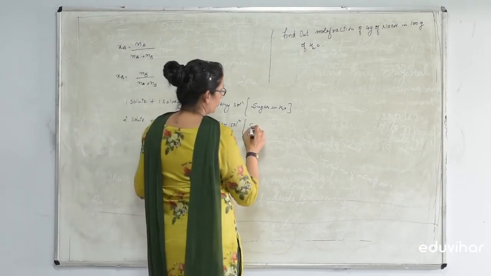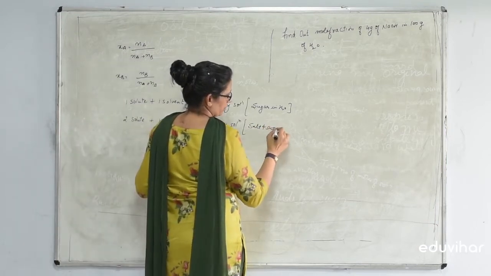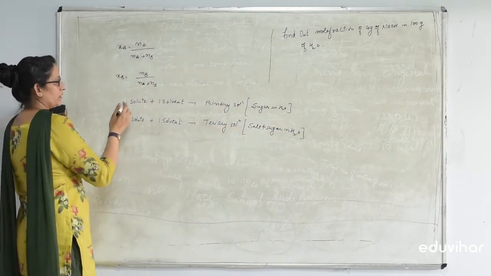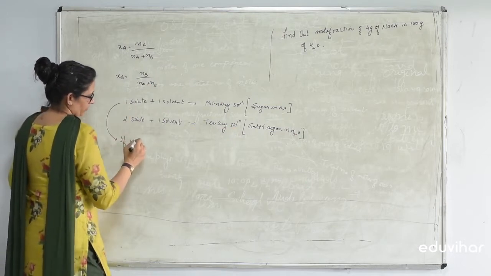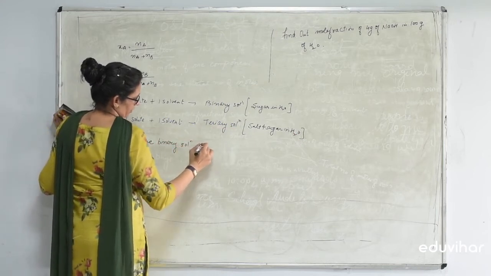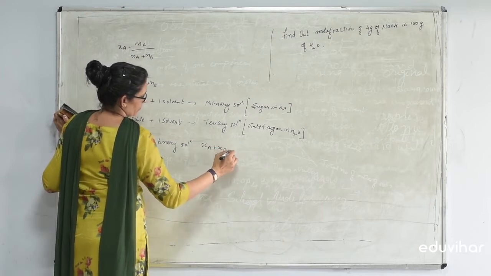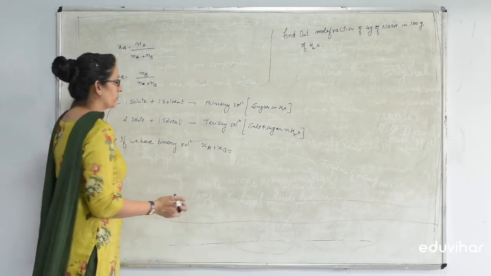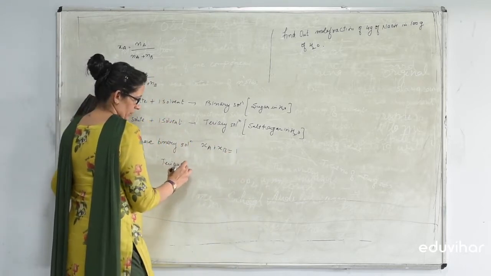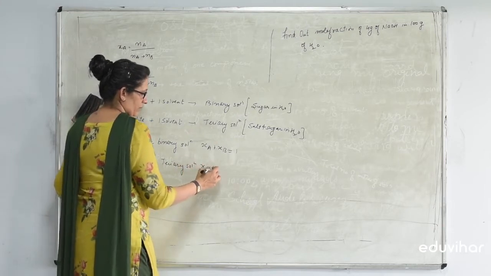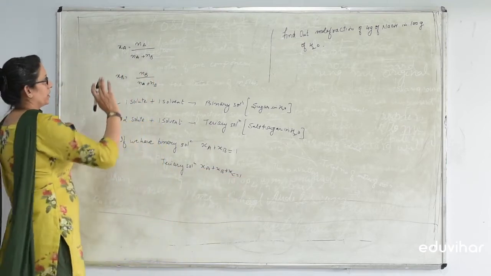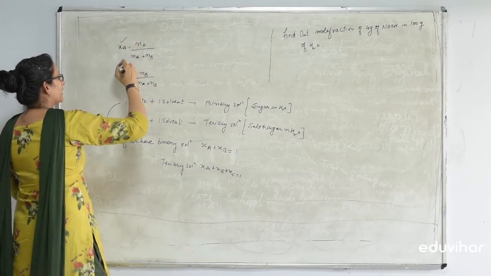For example, salt and sugar in water. For a binary solution, XA plus XB, the mole fraction of solvent and mole fraction of solute, is equal to 1. For a tertiary solution, XA plus XB plus XC is equal to 1. Is it clear? In this question we have to find out XA and XB.